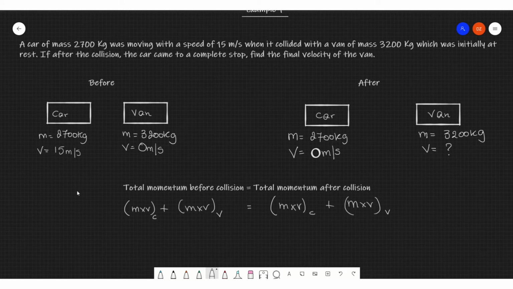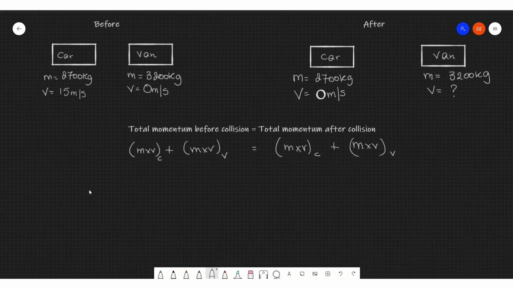The next thing is that you have to replace the symbols with the numbers. So the mass of the car is 2,700 kilograms and its velocity was 15 meters per second. The mass of the van is 3,200 and its velocity was 0.